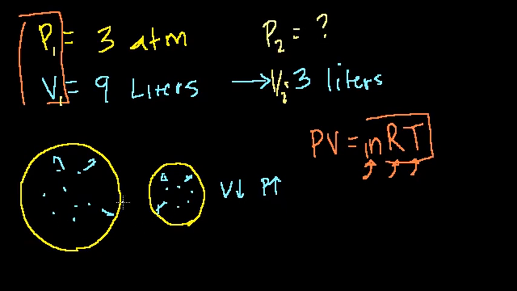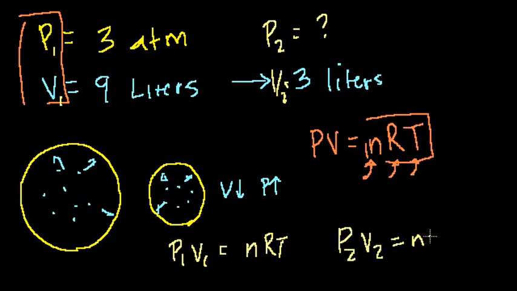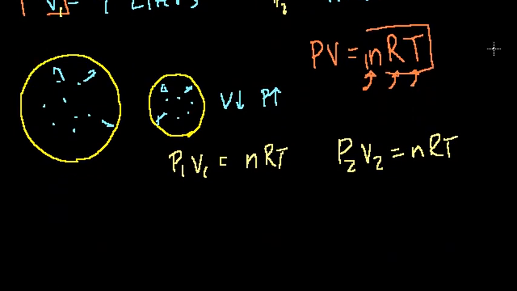Well, we know that P1 times V1 is equal to nRT. And since temperature and the number of moles of our gas stay constant, P2 times V2 is also equal to nRT. Since they both equal the same thing, the pressure times the volume, as long as the temperature is held constant, will be a constant. So P1 times V1 is going to equal P2 times V2.